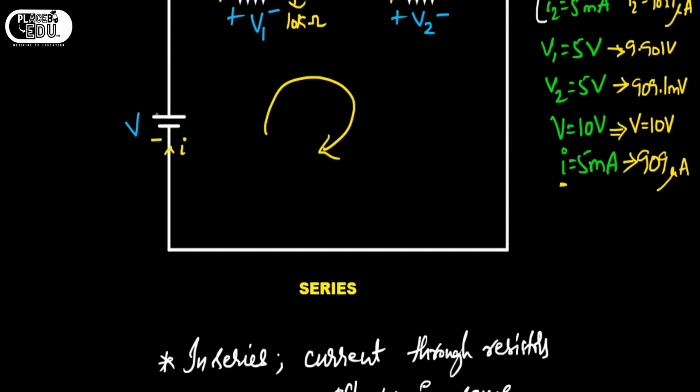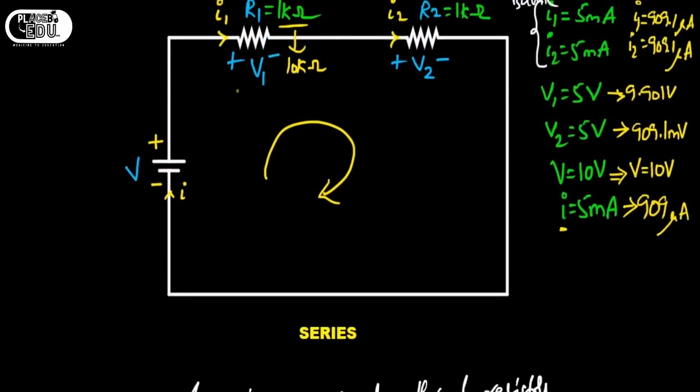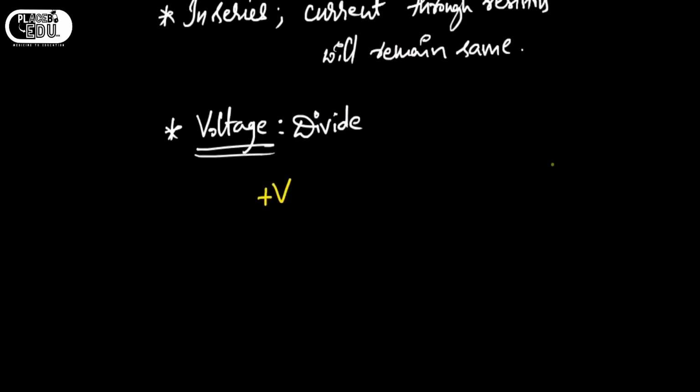Since this is minus and this is plus, when writing KVL, I already told you in the basic level video that if we are in the path where the potential is increasing, we have to write it as plus V. After that I am going to jump from positive to negative, that is, potential is decreasing, so it will be minus V1, and similarly for V2 it will be minus V2.